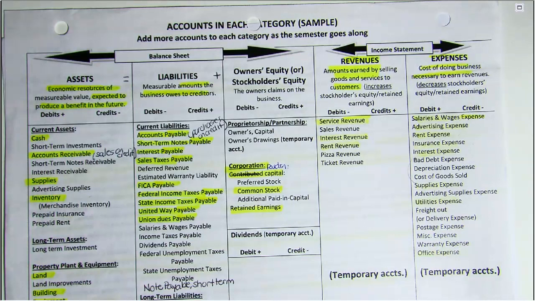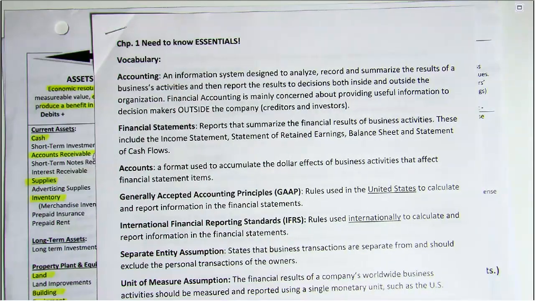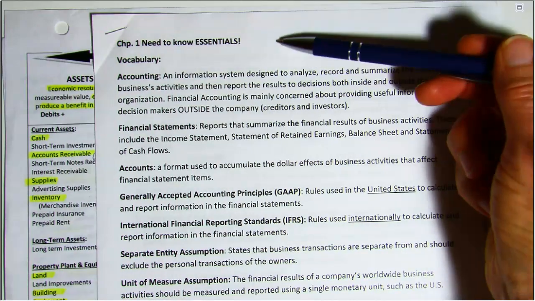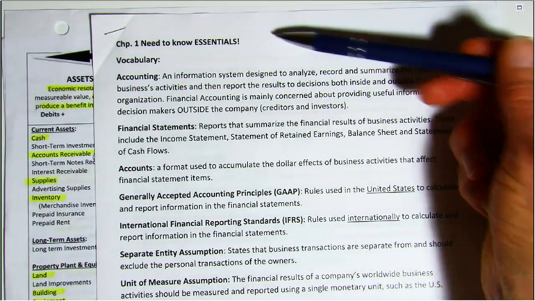So I strongly suggest that you make flashcards for these to be able to test your knowledge, to test your understanding. You should also make one for the accounting equation and for all the various items that you see on the Accounting Essentials handout that I've given you.